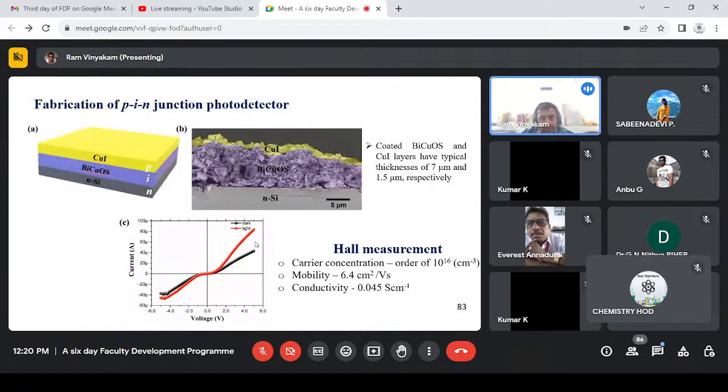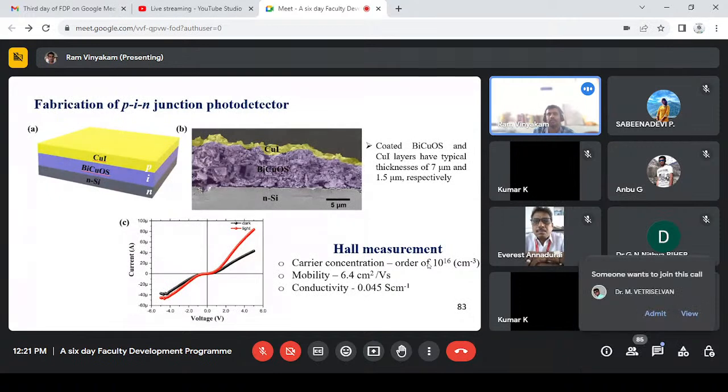And what we did is, since this is a solution process and very difficult to synthesize, when we checked the Hall measurements, the carrier mobility was in a higher range, but the carrier concentration is very low. So we couldn't fabricate the PN device as we did before, where we took N-type ZnO and copper-based P-type.